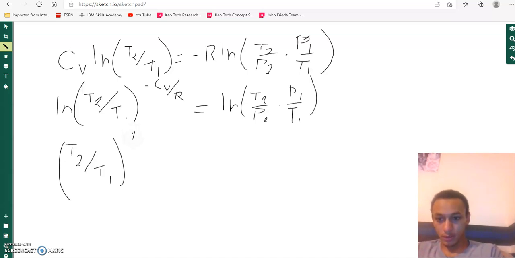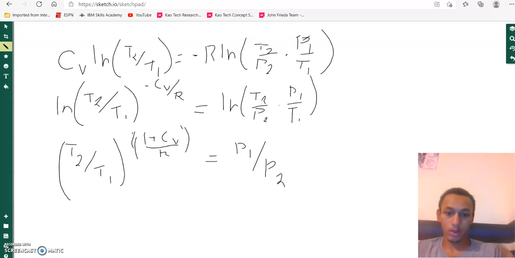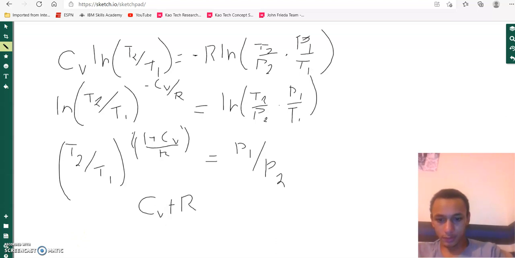So you'll get T2 over T1 to the power 1 plus CV over R is equal to P1 over P2. And 1 plus CV over R, CV plus R is equal to CP.